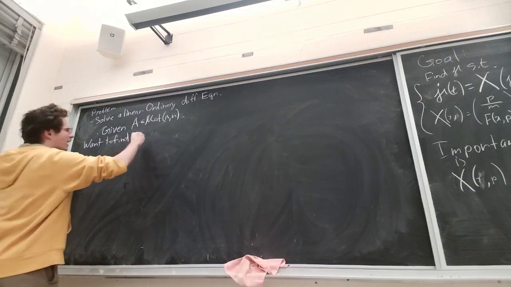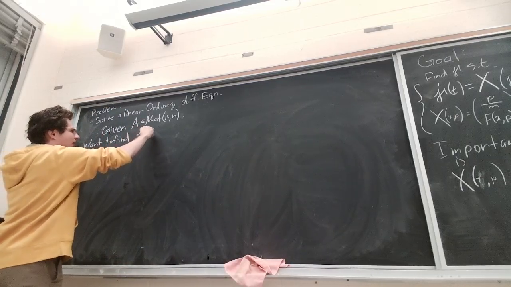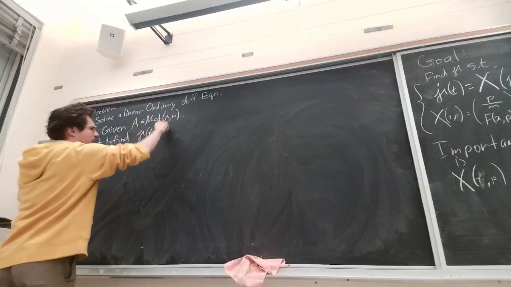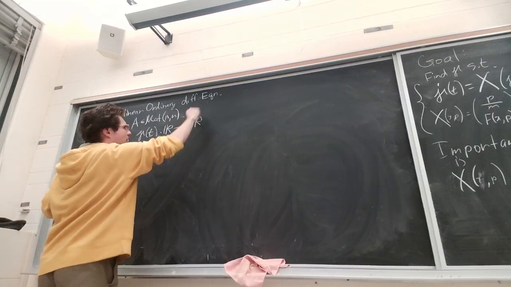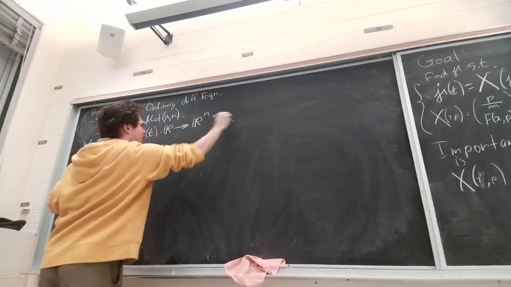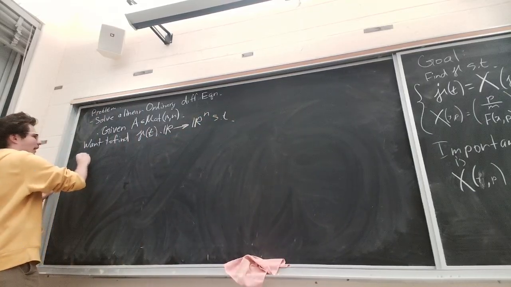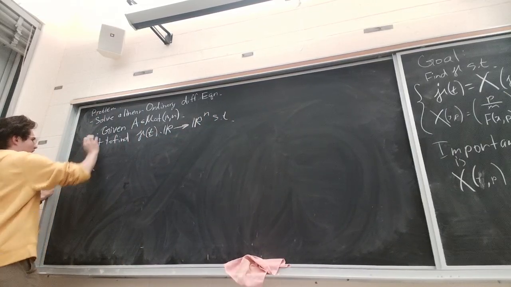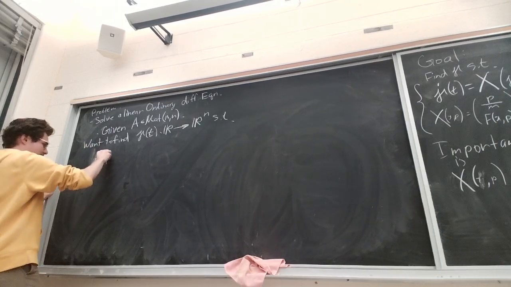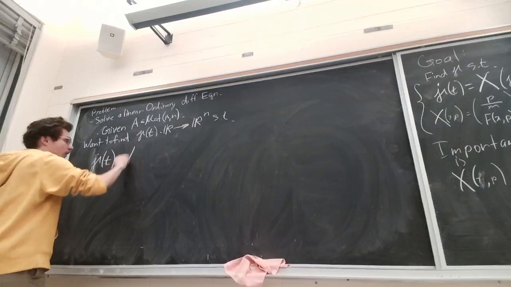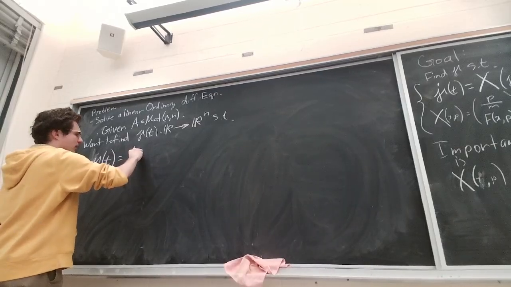And I want to find gamma of t, which is going to be a function from R into Rn, such that gamma dot of t is equal to A applied to gamma of t.